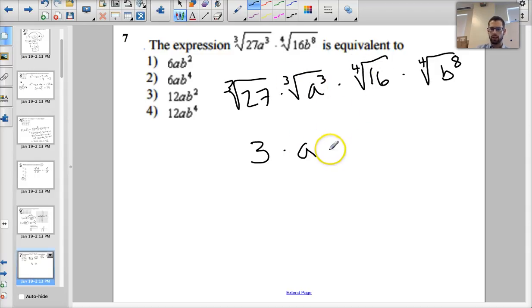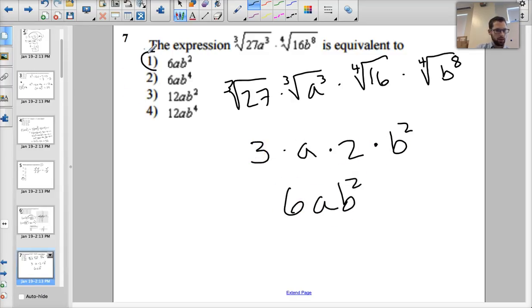The 4th root of 16 is 2, because 2 times 2 times 2 times 2 is 16. And then this is going to be b squared. So 3 times 2 gives me 6, and then I have a and b squared. So I've got 6ab squared. Number 7 is 1.